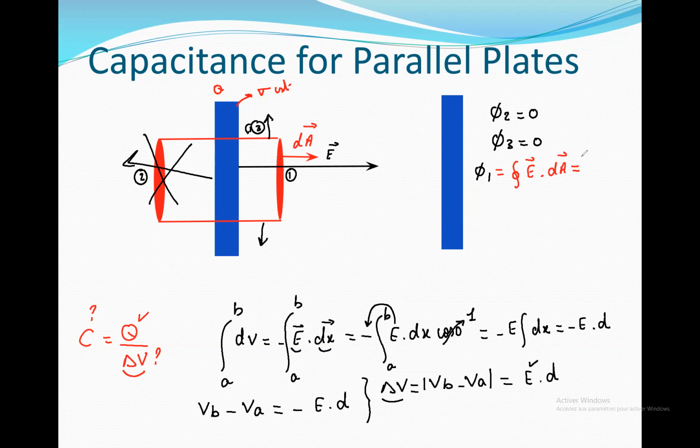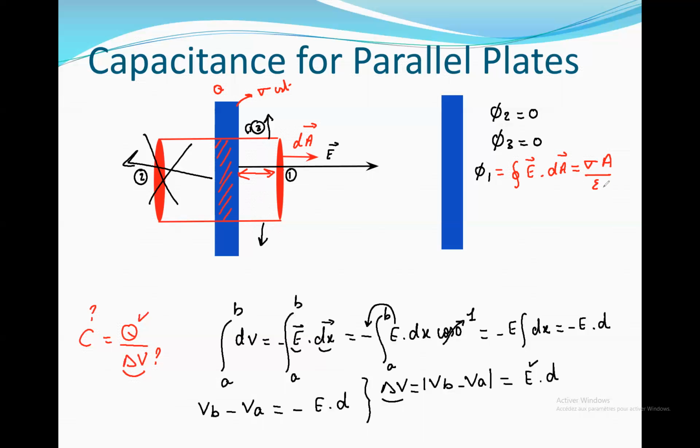So we can put Qn equals sigma times A. A is the area of the charge inside the cylinder. The area of this one equals the area of this one. It is the intersection between the cylinder and the plate.